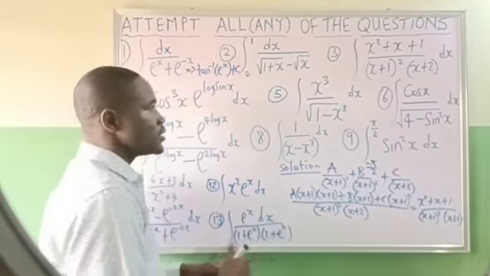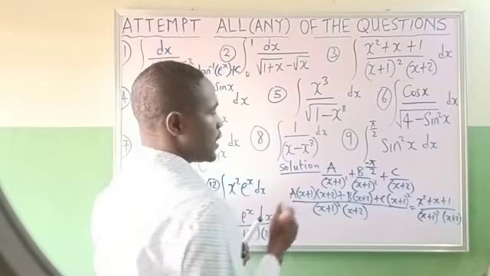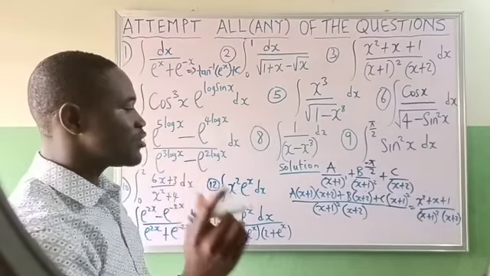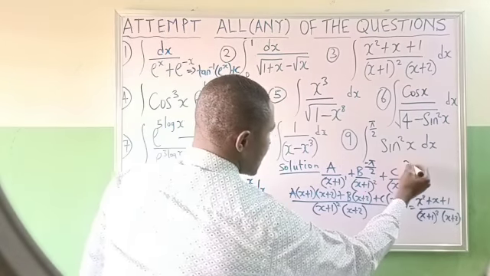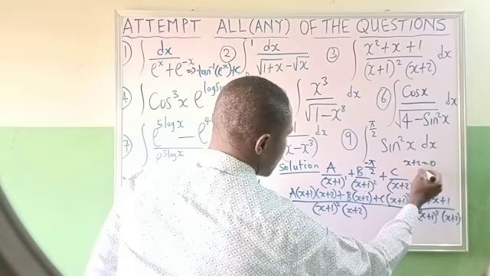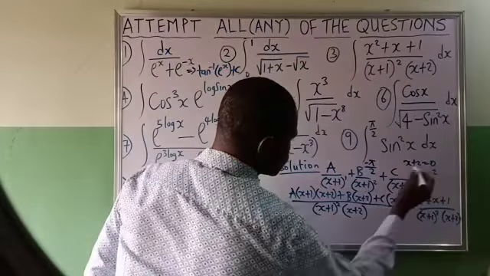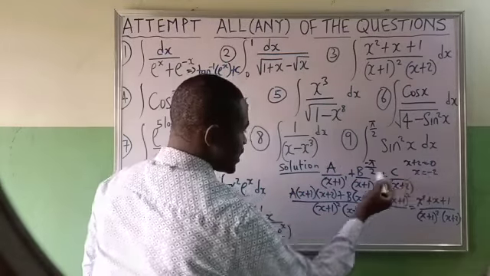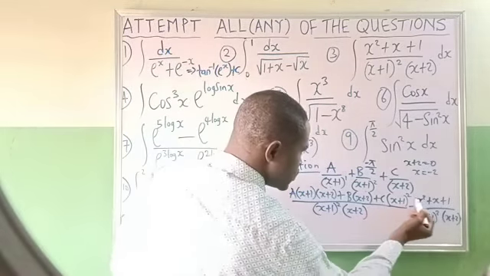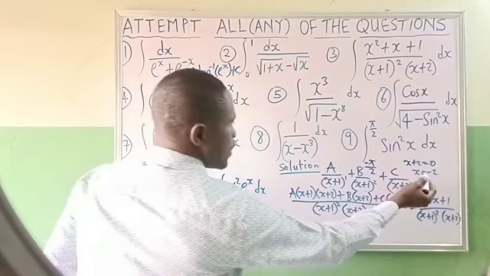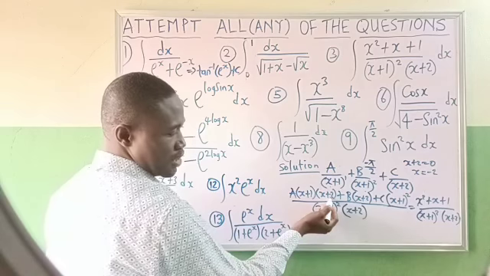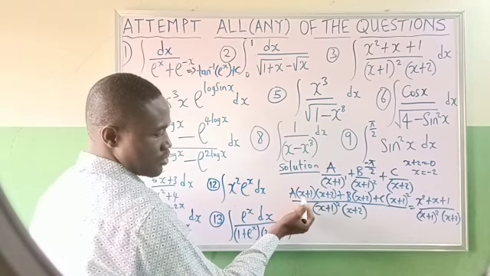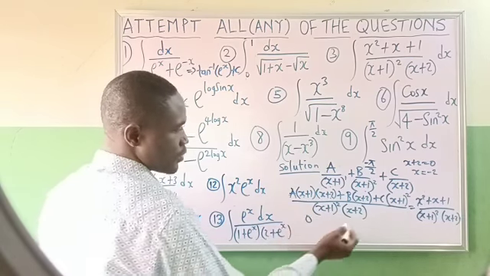Now you say, since we have a linear factor there, make that linear factor equal to 0. If I make x plus 2 equal to 0, I will have x equal to minus 2. I will take it and put it in these numerators. If I carry minus 2, bring it here. Minus 2 plus 2 will give me 0. 0 times this, 0. 0 times this, 0.